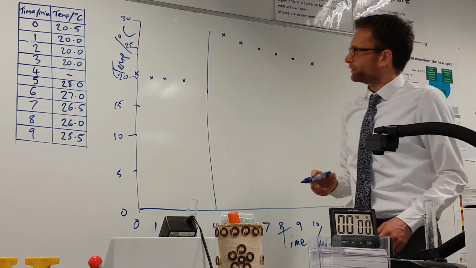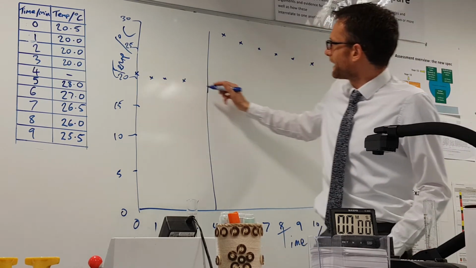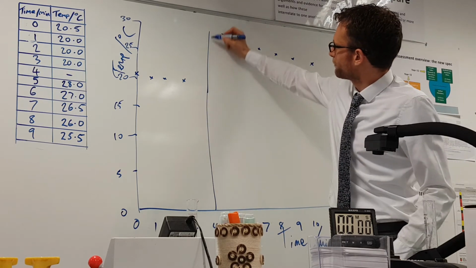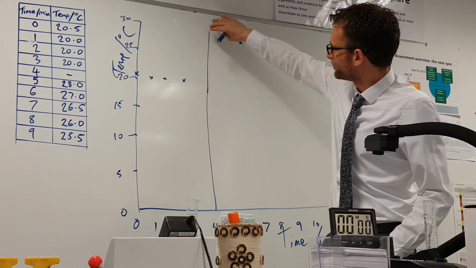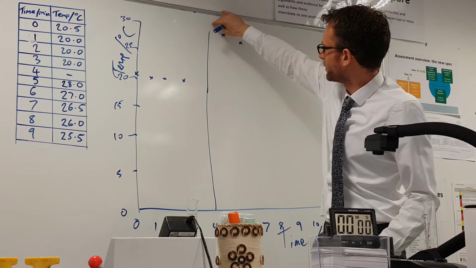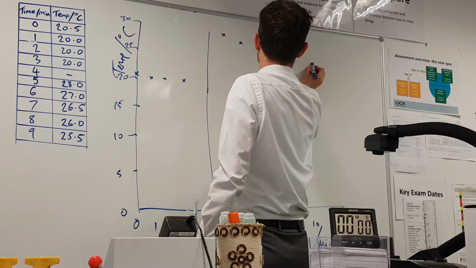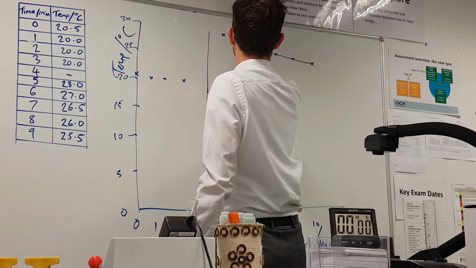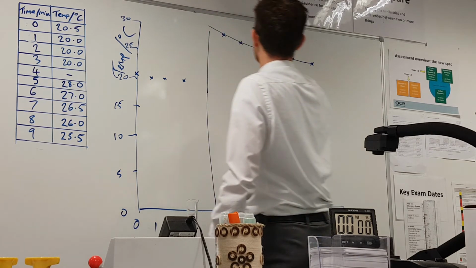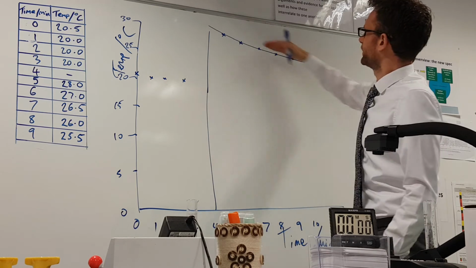So what we want to do is guess what temperature the solution jumped to at 4 minutes when we added the NaOH. Now, hopefully you can see that the way of doing that is to extrapolate back, to draw a line of best fit, okay? This isn't necessarily a straight line, this is a curve for me.